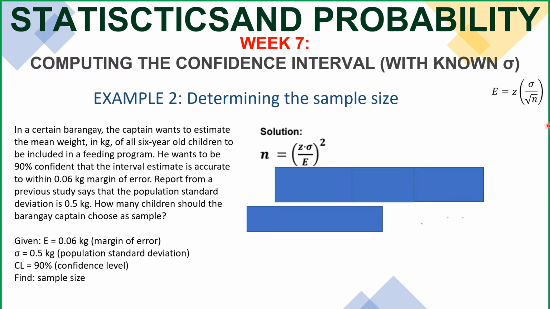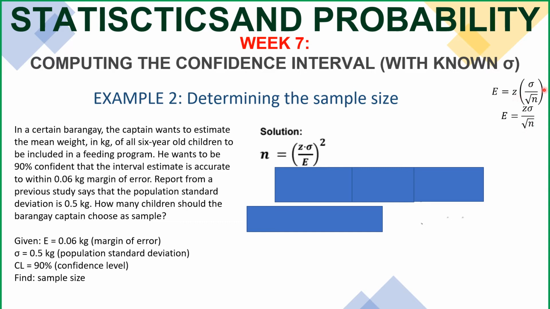So, yun yung gagamitin natin na formula by manipulating the formula. So, ito yung formula natin ng margin of error. So, anong una natin gagawin? So, multiply muna natin yung z sa sigma all over square root of n para maging isang fraction lang siya. So, magiging E is equal to Z sigma all over square root of n.